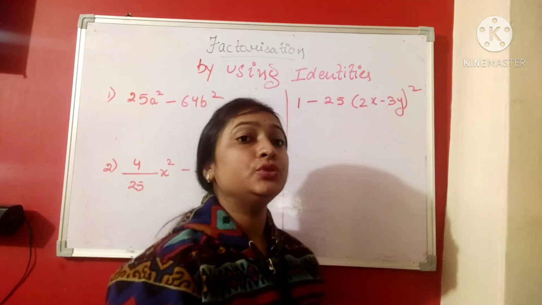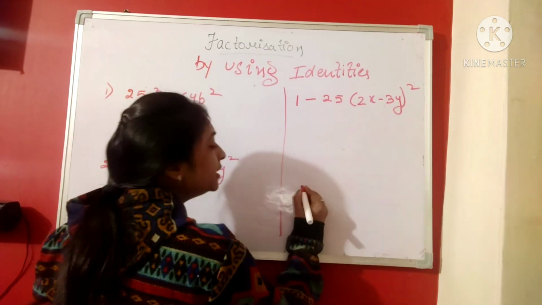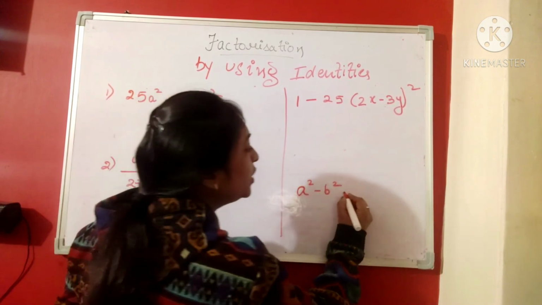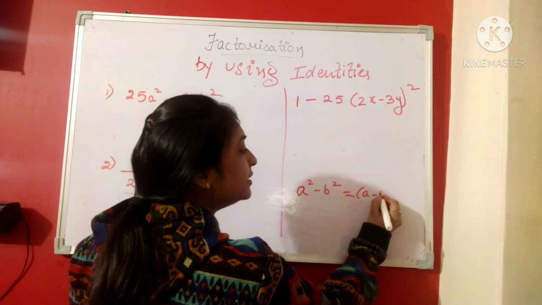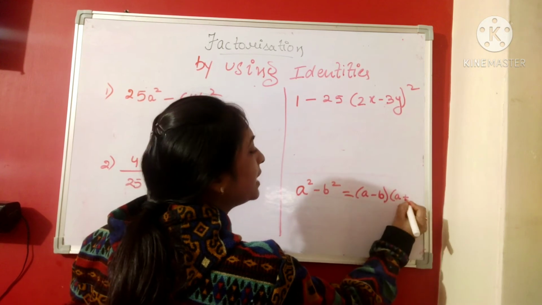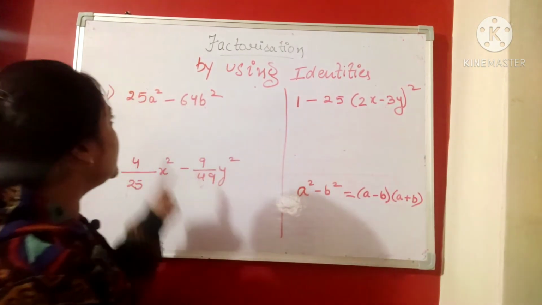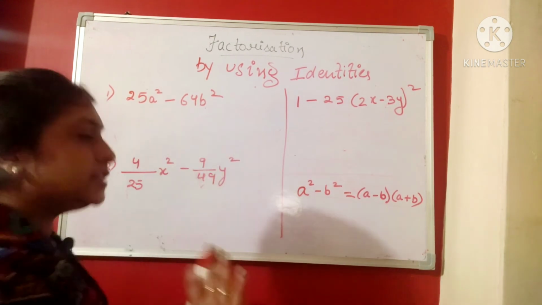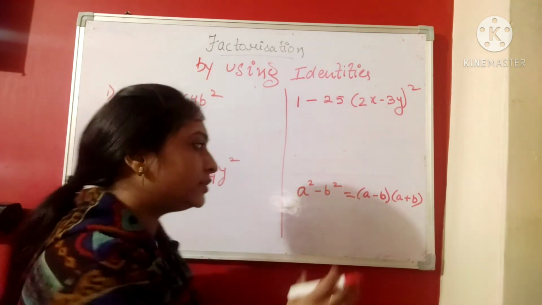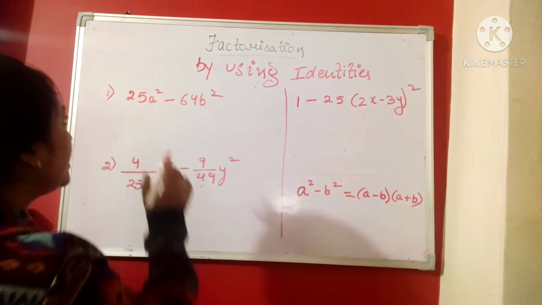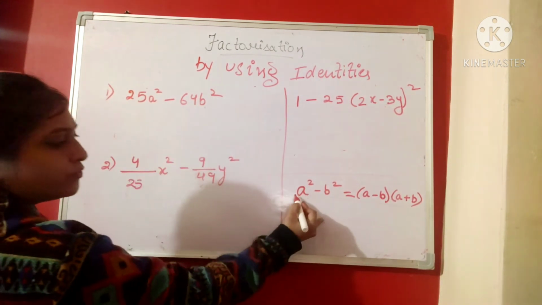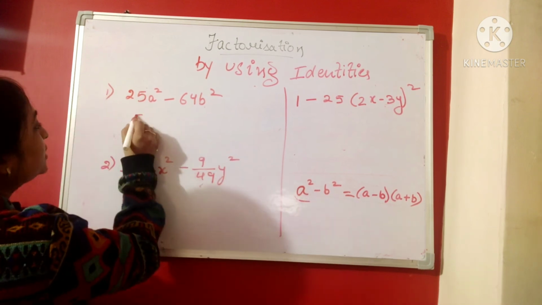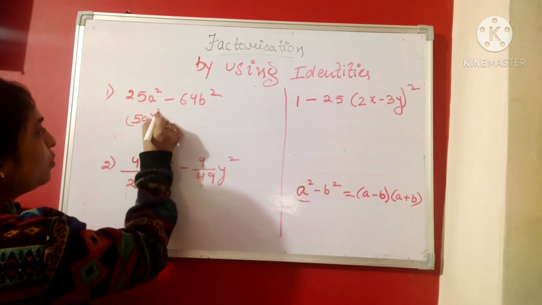Now let us come to the third identity. The third identity was a square minus b square, which means a minus b and a plus b. Right, now let's see this question. This question has two terms, that means most probably we have to think of this third identity. Right, 25a square, obviously this will be entirely a term, which can be written as 5a whole square.